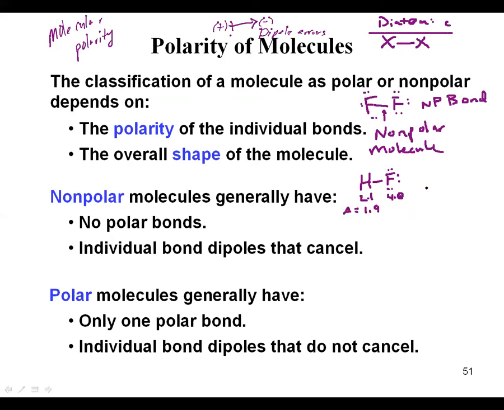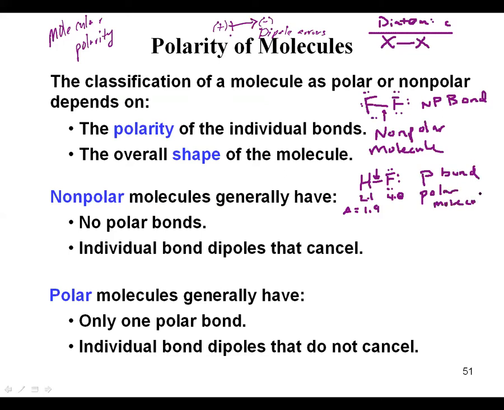And that would mean that this is a polar bond. And for the same reason, because this particular bond is the only bond in the entire molecule, the molecule would be a polar molecule.